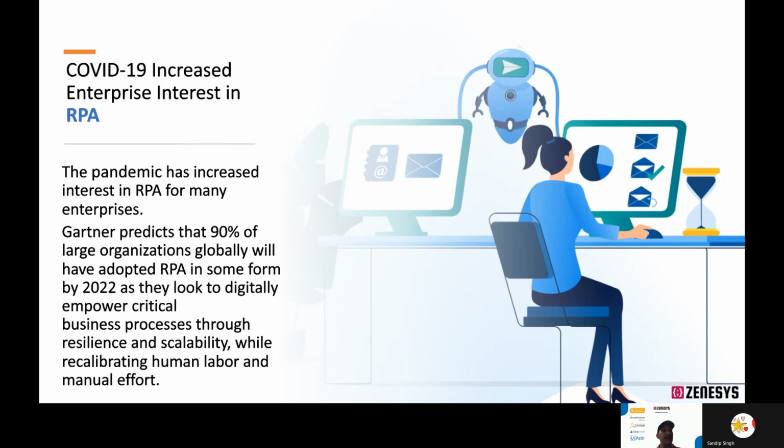As per Gartner's prediction, 90% of organizations by 2022 will go digital, and they would go beyond this to scale their digital labor capabilities. So pretty positive, not much impacted by COVID.